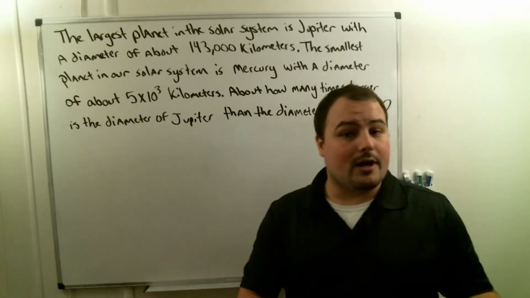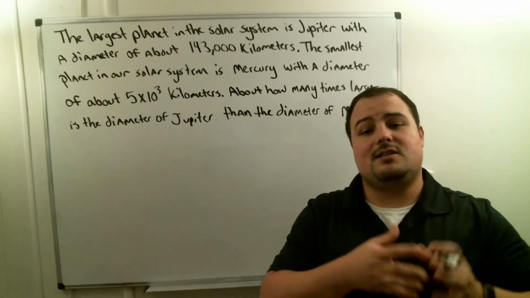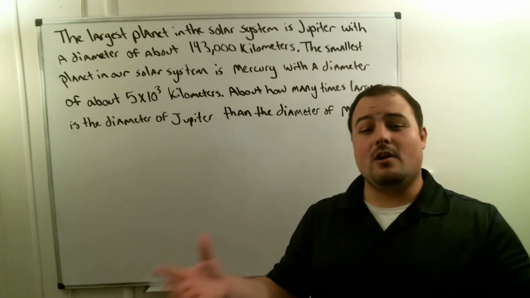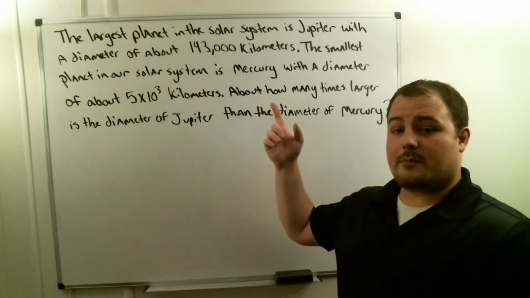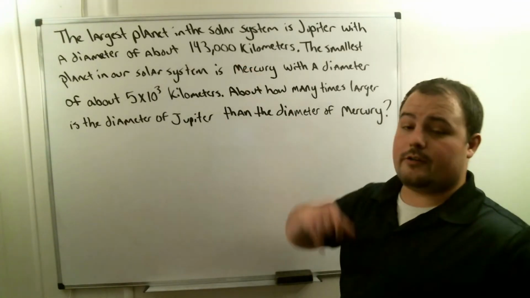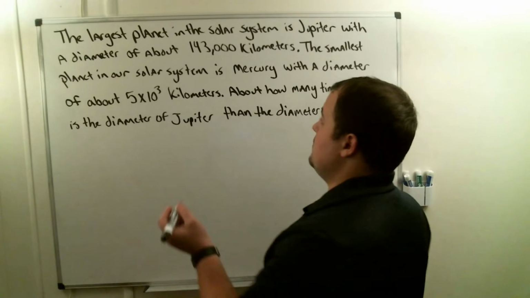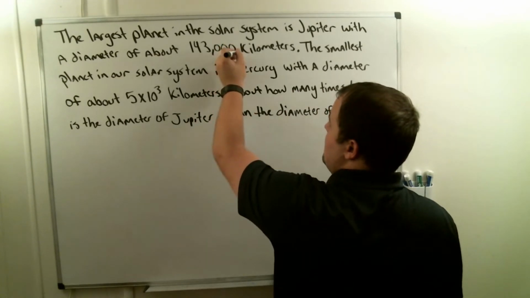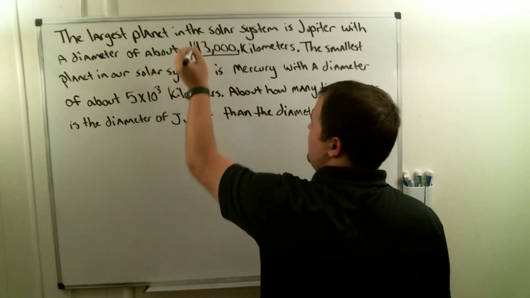So we're looking at another how many times larger something is than something else. Again, what that means is we want to change these both to scientific notation so we can multiply or divide them a little bit easier. So we're going to change the top number, 143,000, to scientific notation. In order to change a number to scientific notation, if it doesn't have a decimal at the end, we put a decimal at the end, and we move the decimal so it becomes a number between 1 and 10.